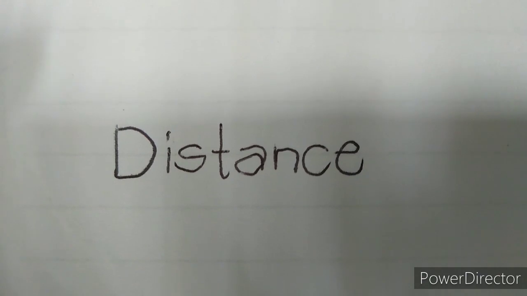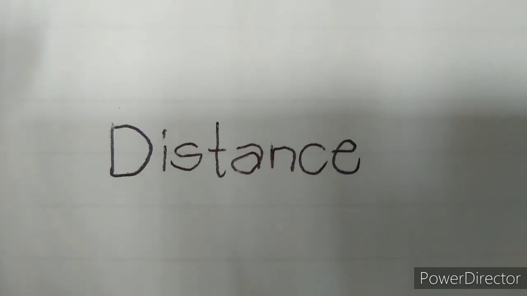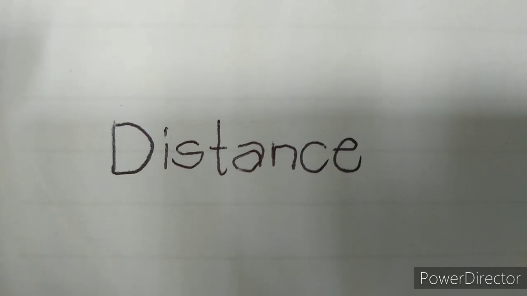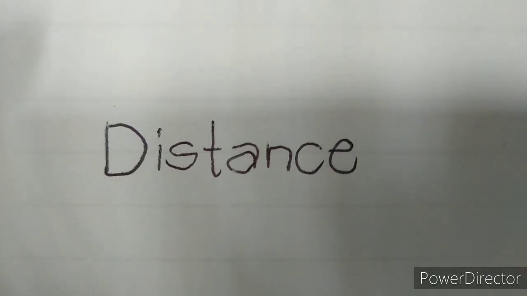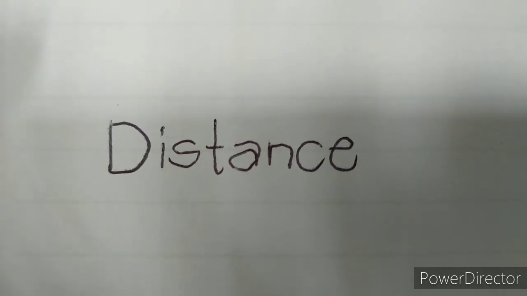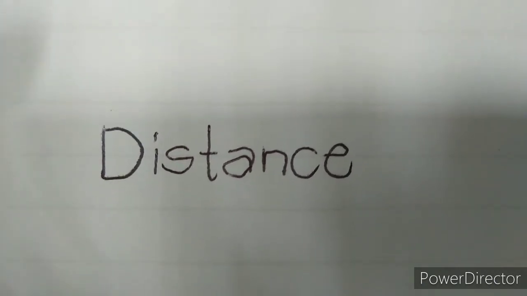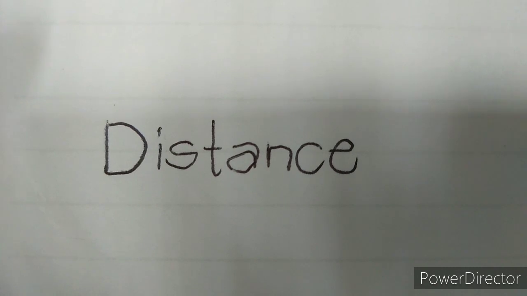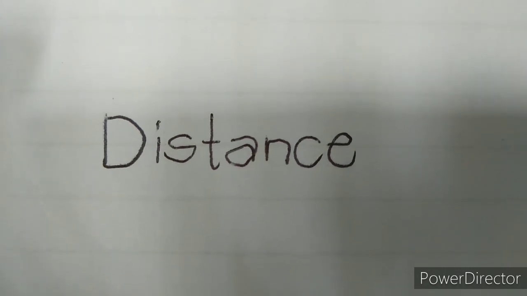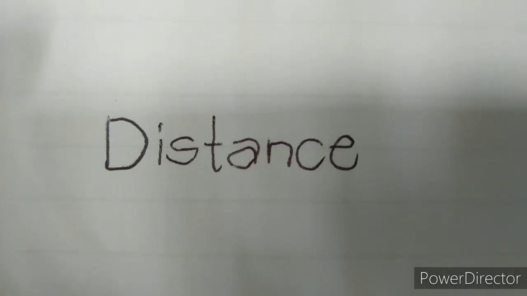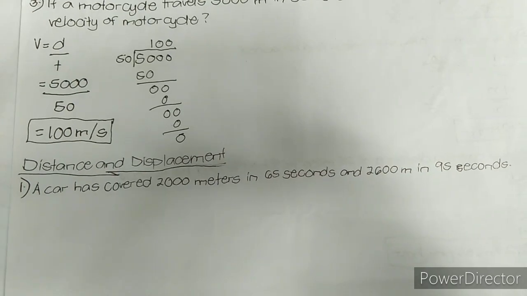What is distance? Distance is a numerical measurement of how far apart objects or points are. In physics or everyday usage, distance may refer to a physical length or an estimation based on other criteria. Sample number 1.